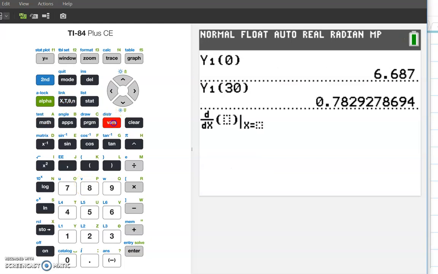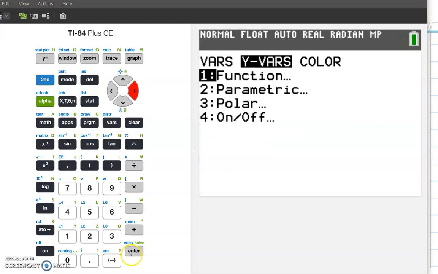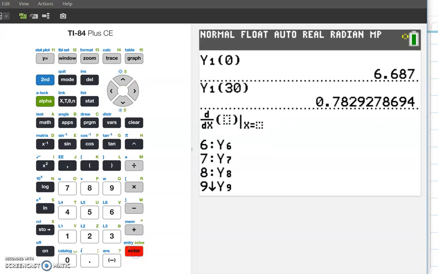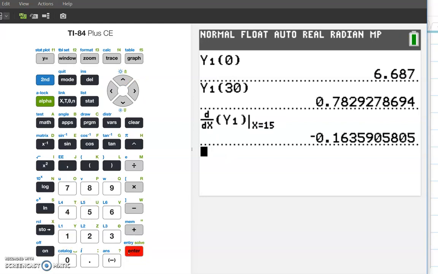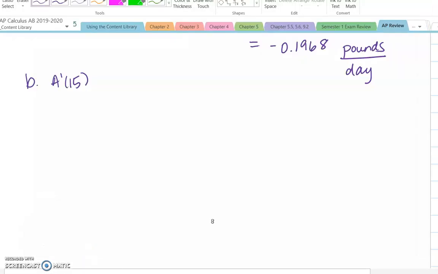So take the derivative of y1 with respect to x at x equals 15. So it's negative 0.1636 pounds per day. And just like in the last problem, the units are still pounds per day because you're talking about how the function A is changing.